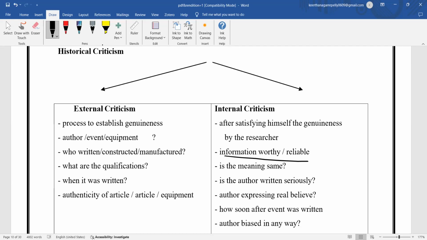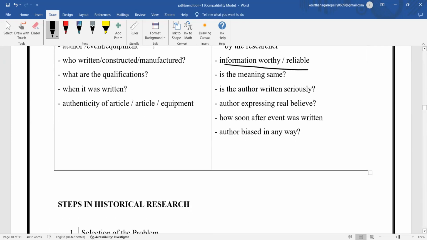That is talked about in internal criticism. Who wrote it comes under external criticism, and whether his perception of Gandhi is right or wrong is explained in internal criticism. There are a lot of differentiations given here. I'm not going very deep into it. You can see the explanations here.